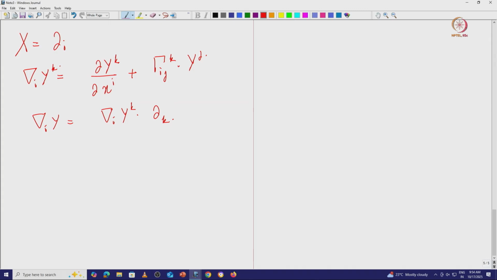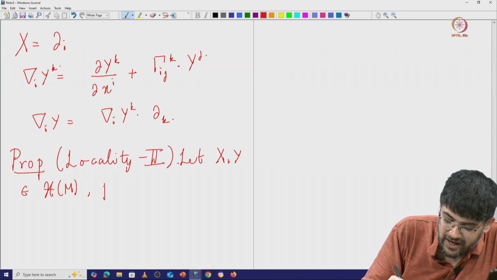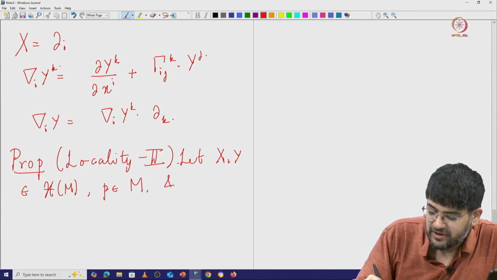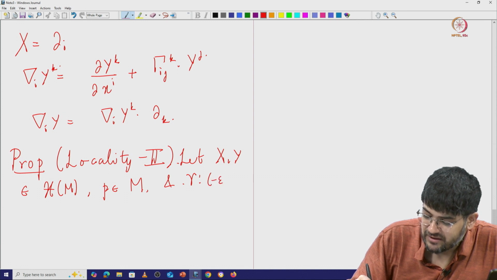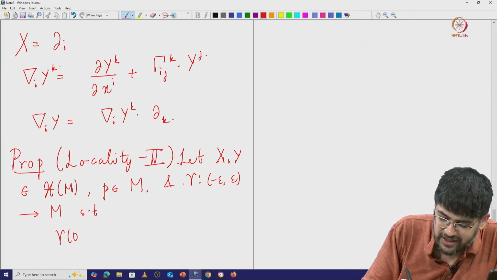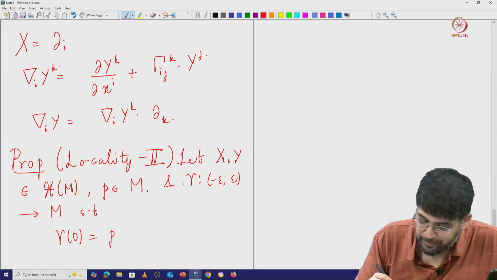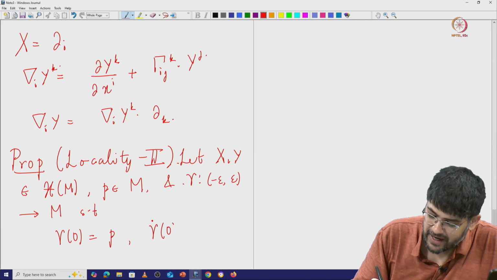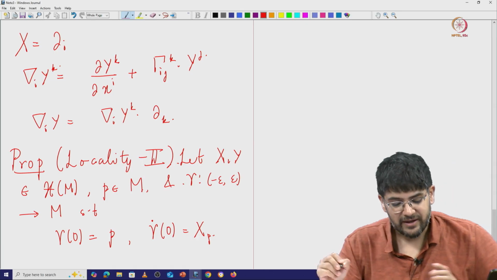The following is a proposition. This is what I'll call locality part 2, or refined locality. Let x, y be vector fields and p be a point in M, and suppose gamma is some curve such that gamma of 0 is p, so it passes through this point p, and the derivative at 0 is precisely xp.